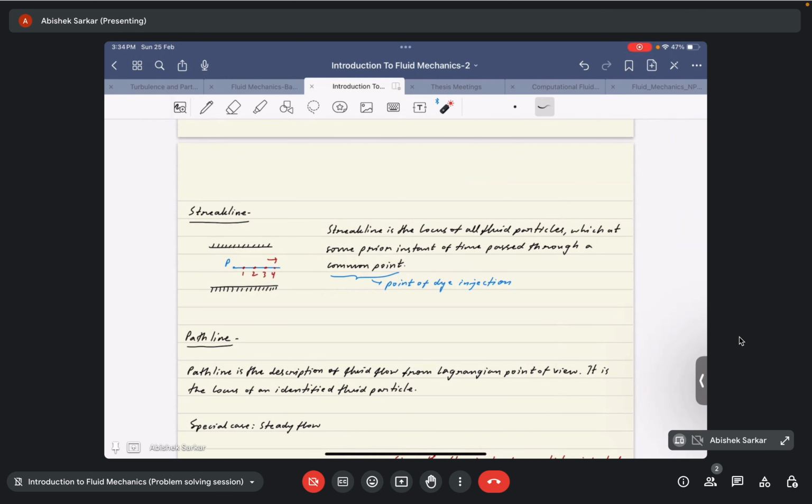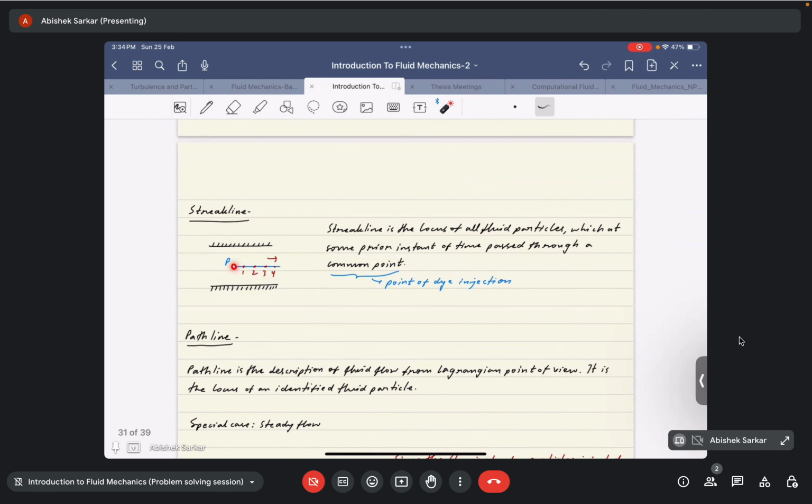Okay, so let me try to make you understand that. Say for example, this is the point we are focusing on, and coincidentally it may happen that this is the point of injection of our dye or any coloring agent that we use to visualize the streak lines. So once we inject the dye here, say a blue colored dye in this case, particle 1 will be injected here and move to this position after some instant of time.